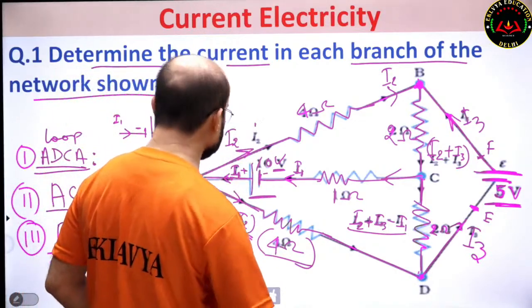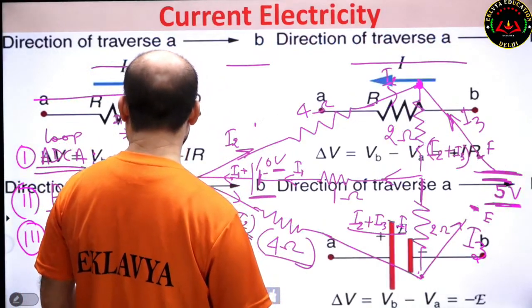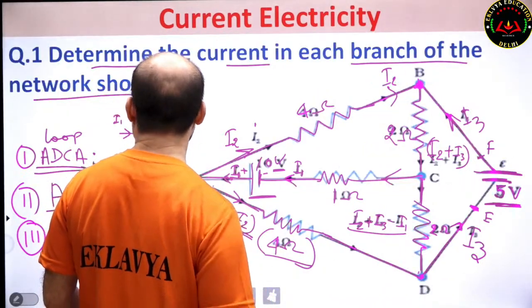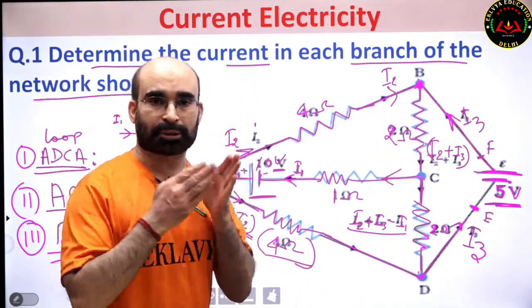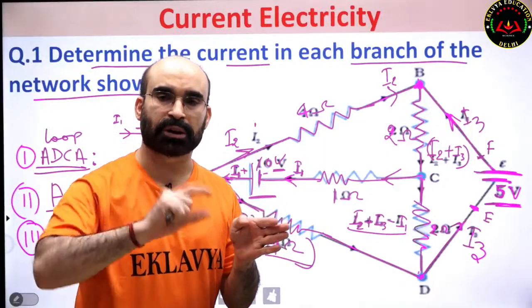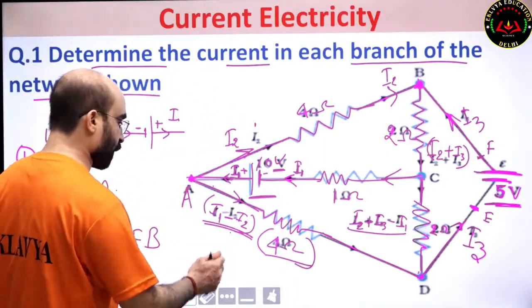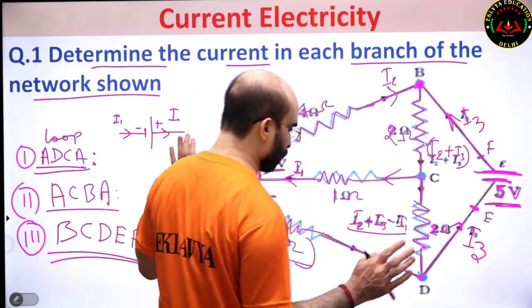As per our sign convention, in the direction of current, potential difference across the resistor is minus IR. That is what we are doing. So this from A to D we have already taken.